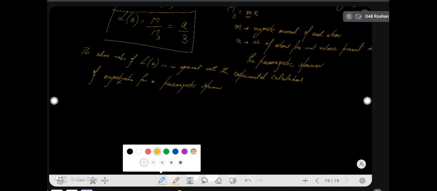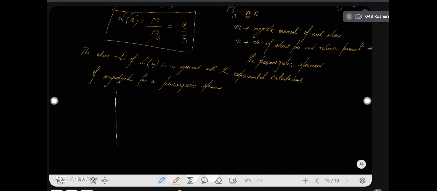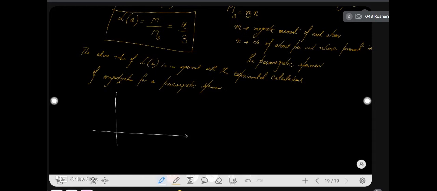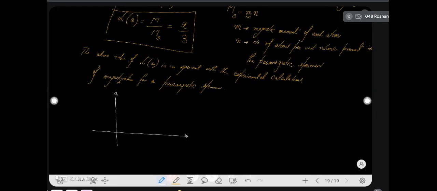So let us talk about it: on the y-axis we have LA and on the x-axis there is A. So how does LA vary with A?